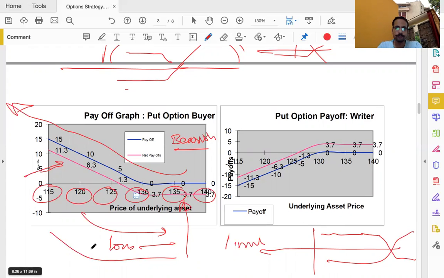The call option payoff was like this for the call option buyer, and this is the same for the put option writer. So the payoff diagram for the call option buyer is the same as that of the put option writer, and the payoff diagram for the call option writer is the same as that of a put option buyer.